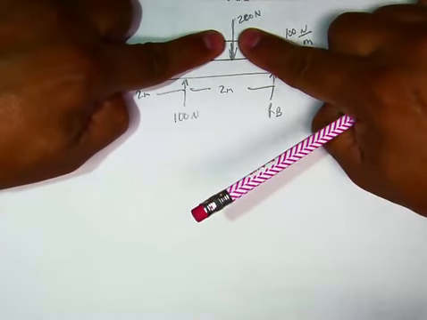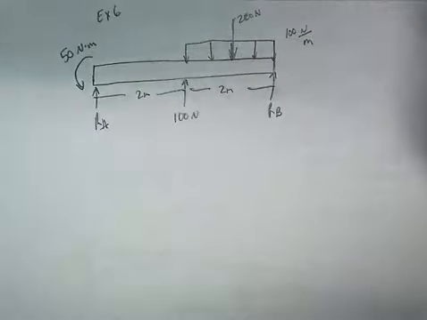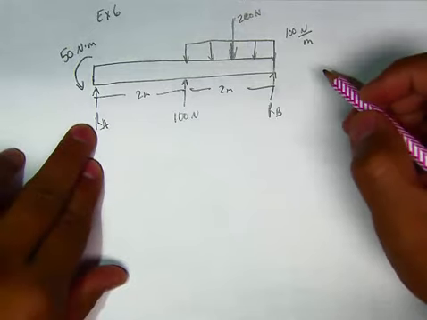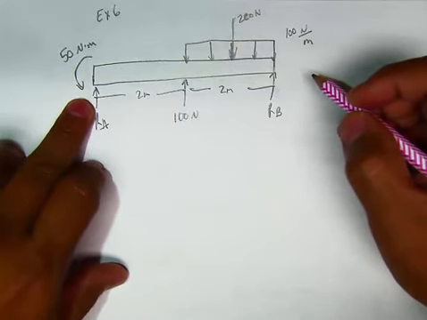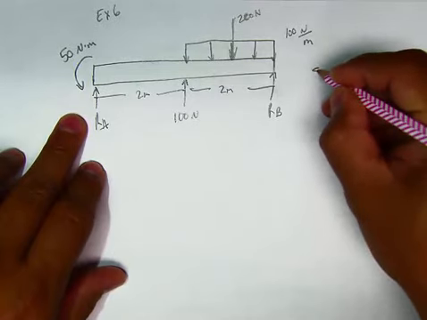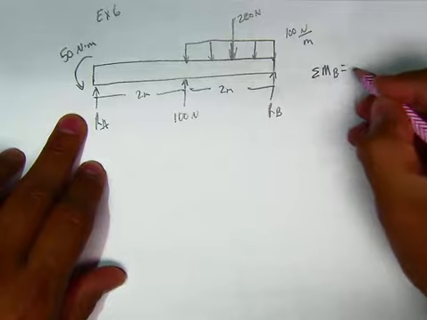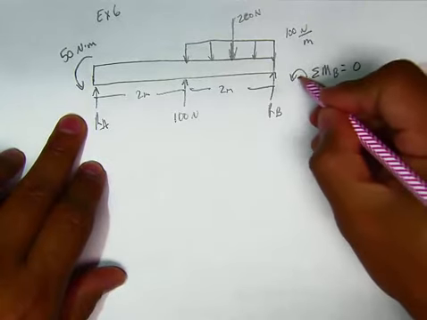There you go. So I'm not going to be using the distributed load. But again, this is just for the purpose of me finding out what those resultant forces are. This distributed load is very important for me to have an accurate shear and moment diagram. So let's go ahead and solve for the reaction at A. I'll use the sum of the moments about point B, which must be equal to 0.